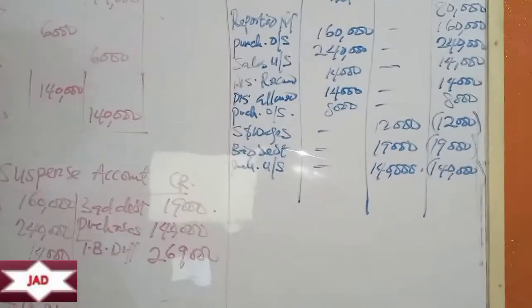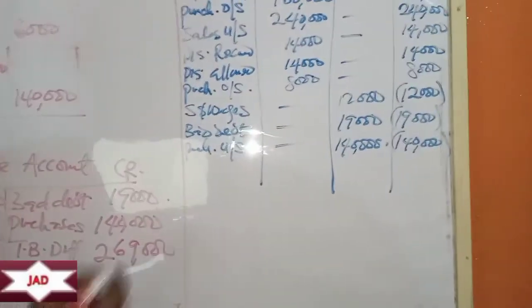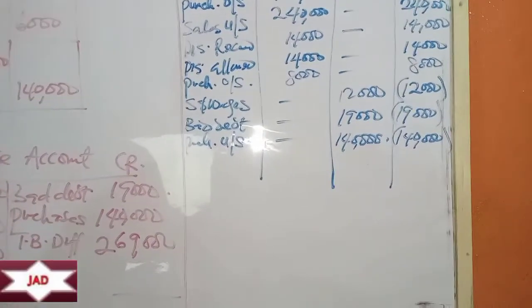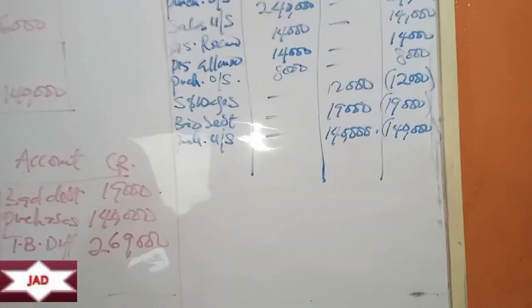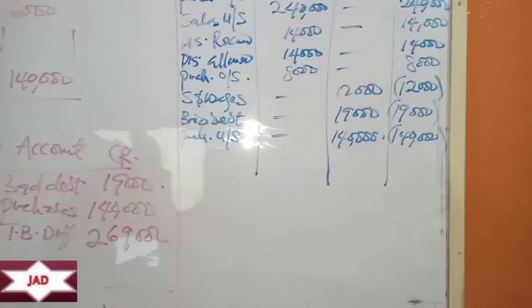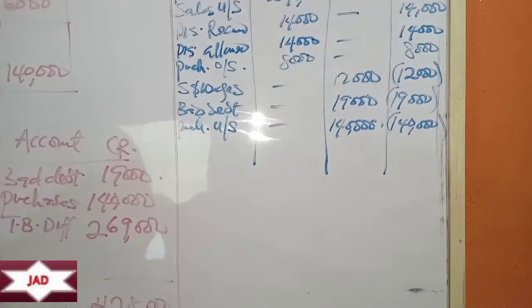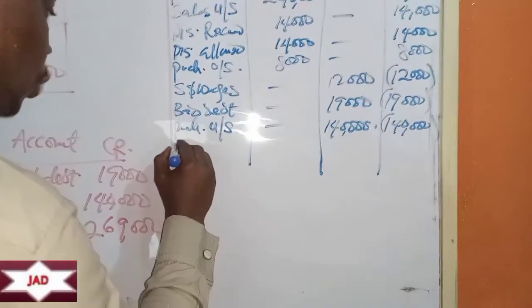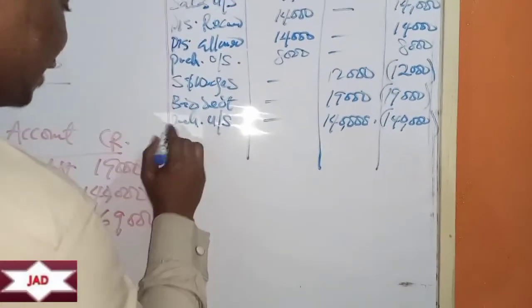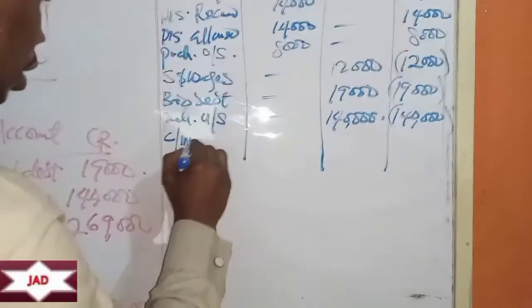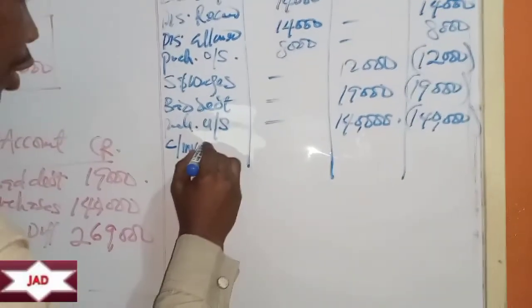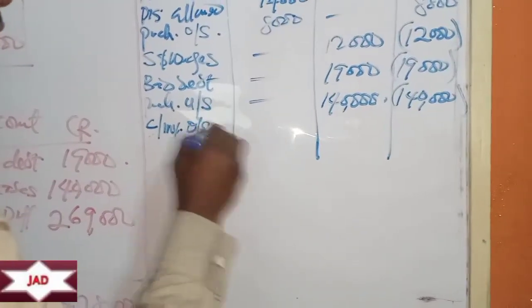So in order to correct that, inventory that was taken for personal use and not reported, we're going to deduct it from the profit, because the effect is on closing inventory, which is overstated.